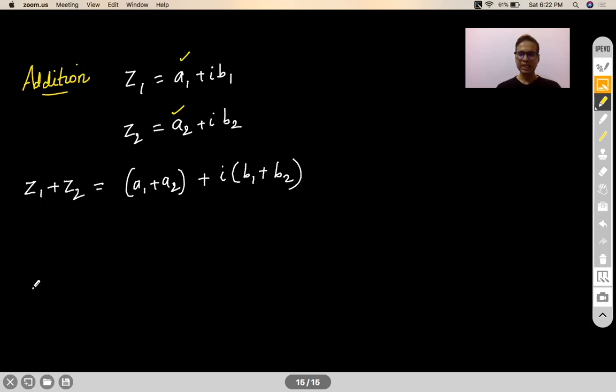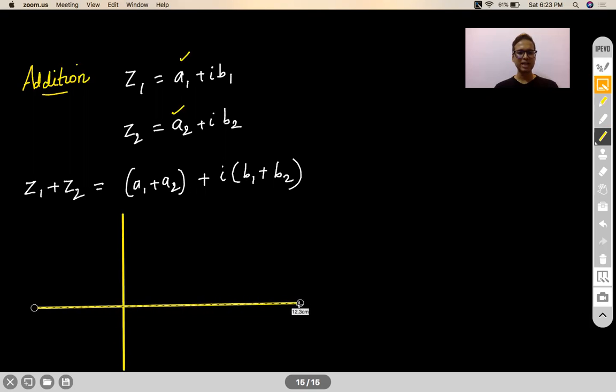Now, what is missing from your NCERT or the way it is taught in school is how do we normally perceive this operation? And where is your Z1 plus Z2 located on the Argand plane, given that we know where Z1 and Z2 are located? Let us try to understand that. So let's say my Z1 and Z2 are located as follows on the Argand plane.